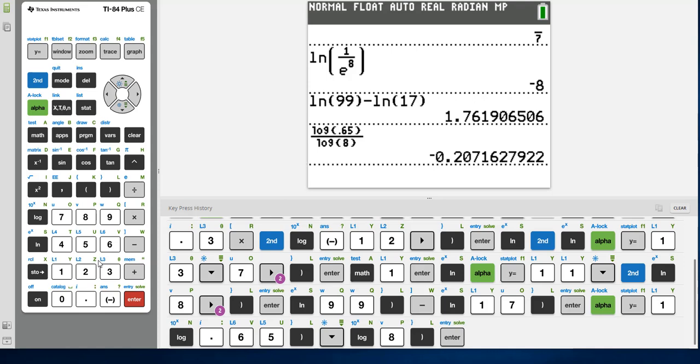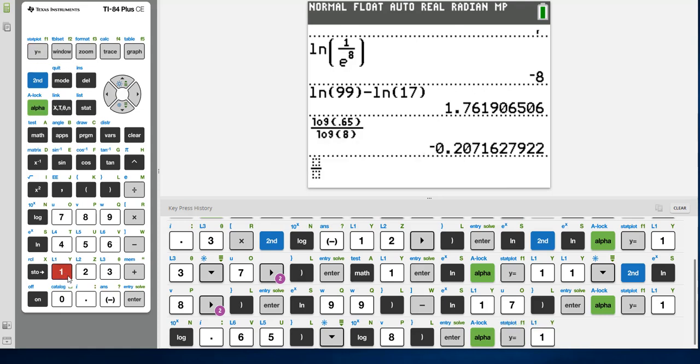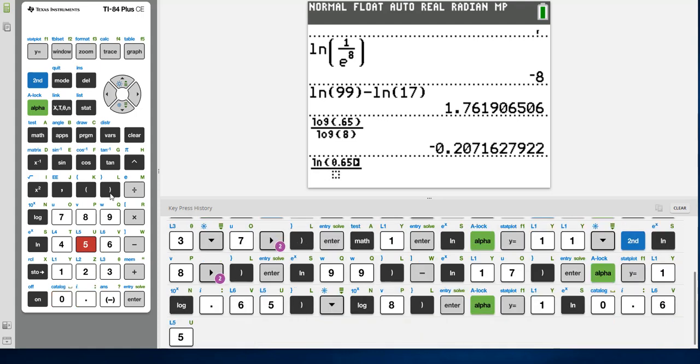To use the natural log option on the TI-84 calculator, press alpha, y equals number 1. Press ln. Type in 0.65 and press the close parentheses.